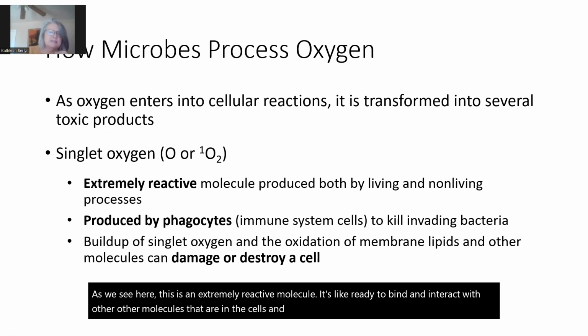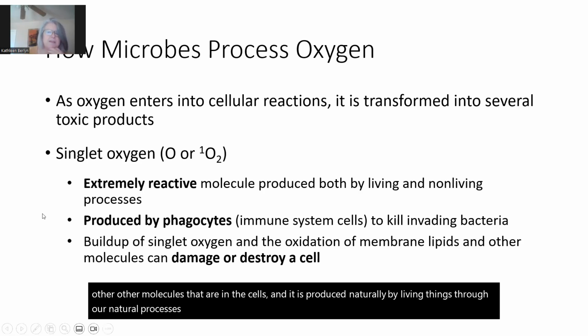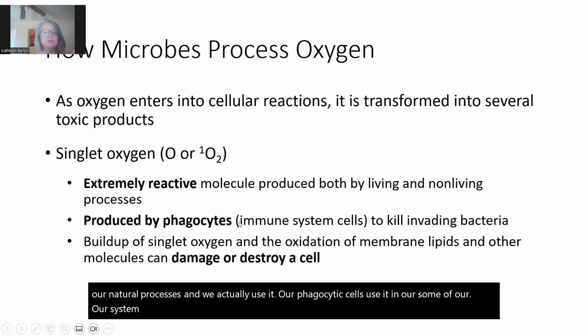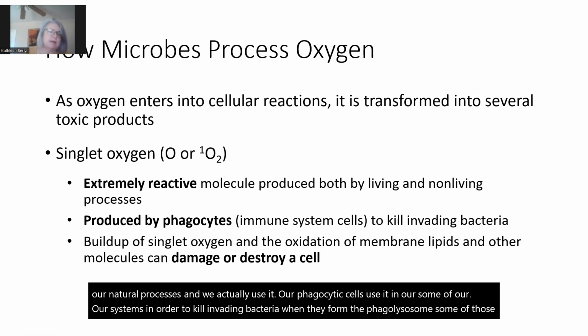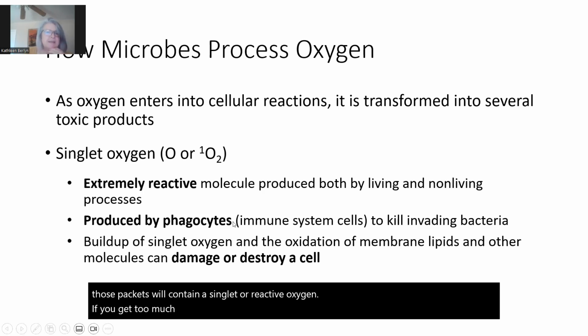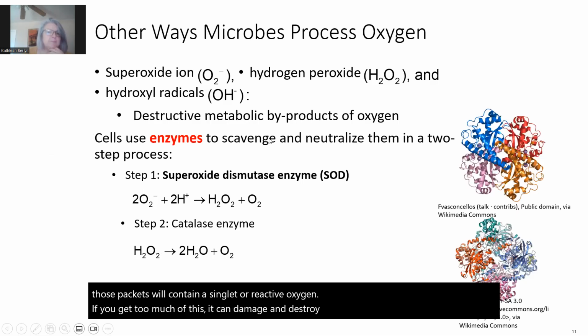And it is produced naturally by living things through our natural processes. And we actually use it, our phagocytic cells use it in some of our systems in order to kill invading bacteria when they form the phagolysosome. Some of those packets will contain singlet or reactive oxygen. If you get too much of this, it can damage and destroy a cell.